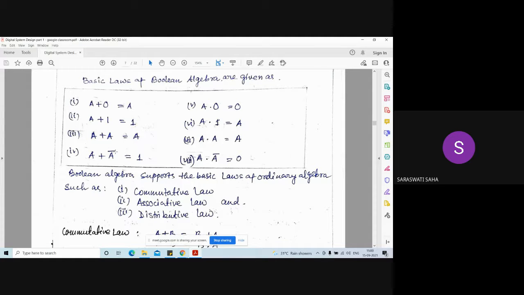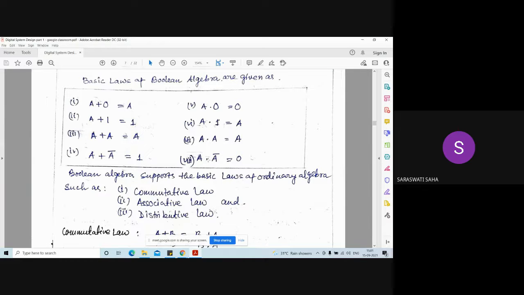A plus A bar. If we put A as 0, then the complement output will be 1. Actually this expression becomes 0 plus 1. So 0 plus 1 means 1. If A is 1, A bar will be 0. Same thing, 1 plus 0 give us 1.